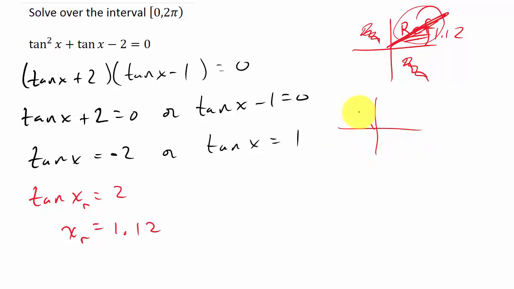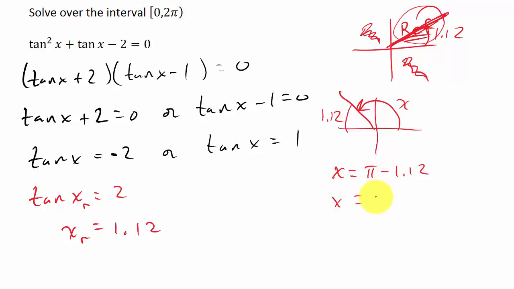So for my second quadrant angle, there's x, and here's my reference angle, 1.12. So now x is going to be 180 minus this. But since I'm in radians, that's going to be pi minus 1.12.